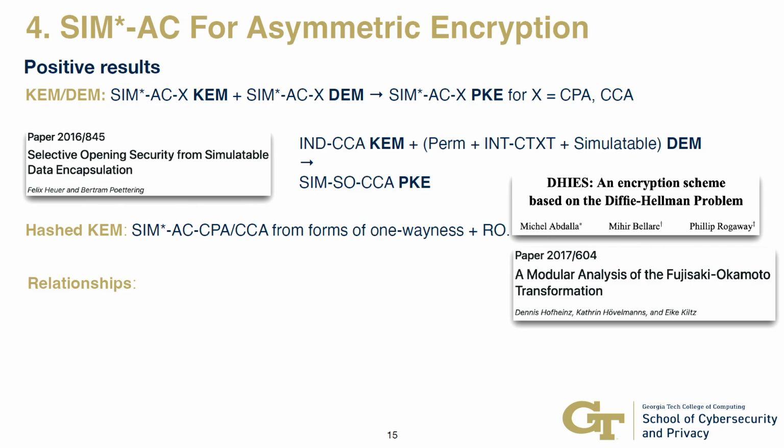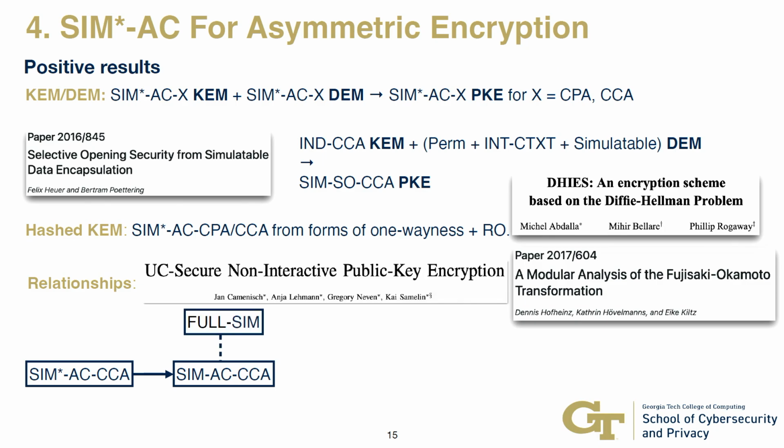Finally, I want to understand how these SIM-AC definitions fit in with the framework of existing definitions. First, for the SIM-star definition, you can write down a corresponding non-starred version, as you would expect. The star one implies the non-starred one. The non-starred one is morally very similar to this notion of full SIM that was introduced previously.